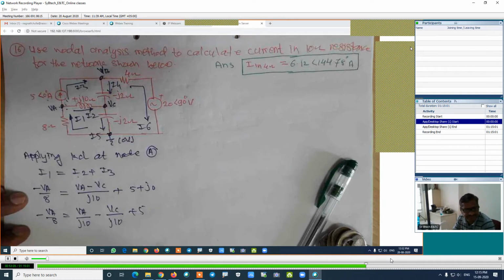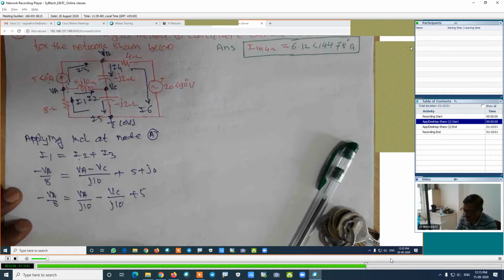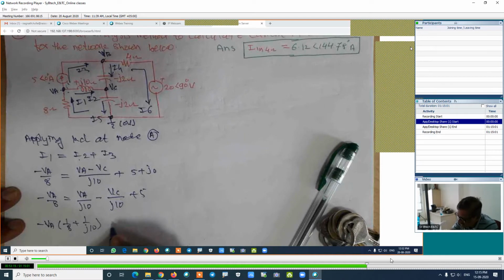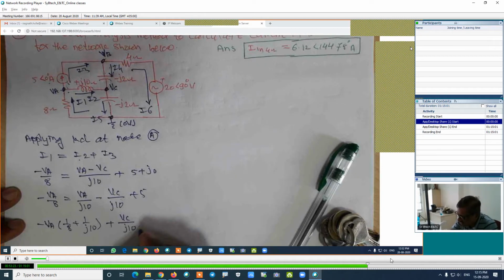That is sufficient. We can shift both VA and VC to the left hand side, and if we are taking the VA as common, minus VA is common, this 1 divided by 8 plus 1 divided by j10. This is minus VC will become plus VC divided by j10, which is equal to this 5. Is it right?